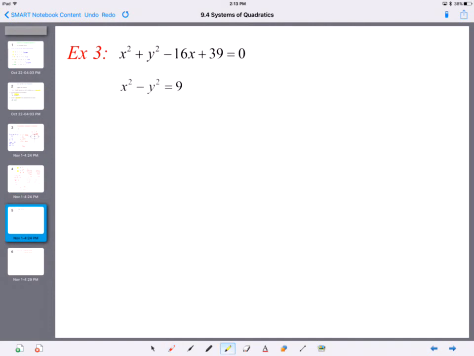Once again, as I'm looking, I noticed that the y squareds are equivalent, so we can once again add those to eliminate. I am going to get everything on one side before I do this, so I'm going to rewrite the bottom one. I'll leave the top one the same.